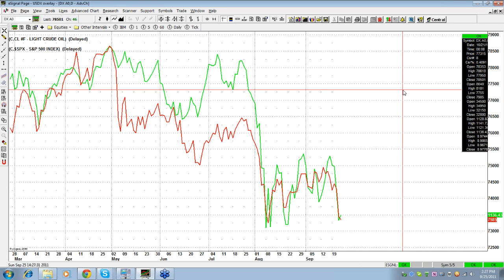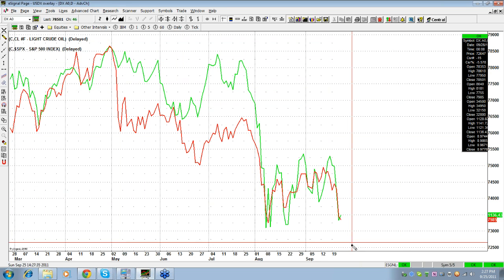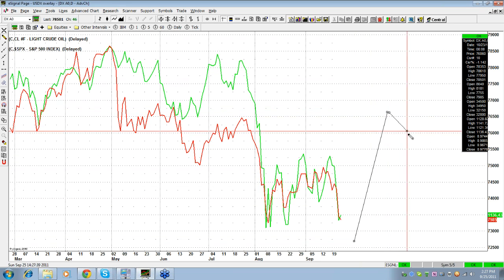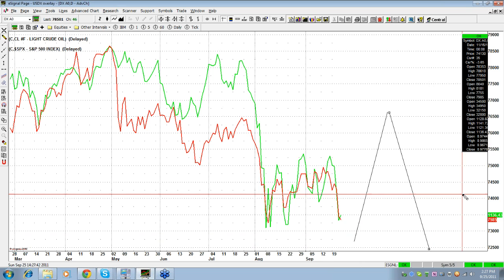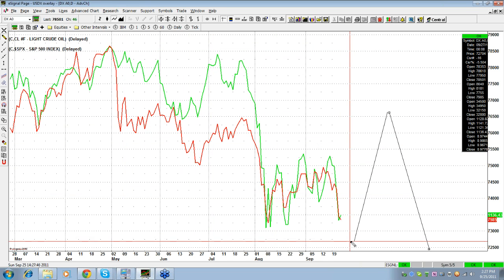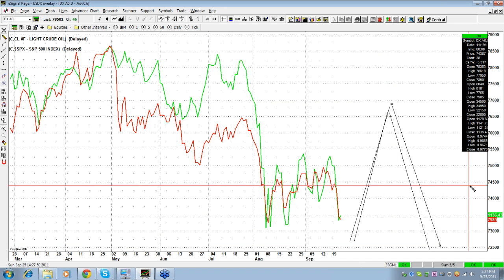So what I mean is, seeing oil, I would say that oil after 64 right here is going to get here and it's going to get a setup. What S&P is telling me, 1, 2, 3, 4, 5, and then a sharp move, and it's going to get a setup.